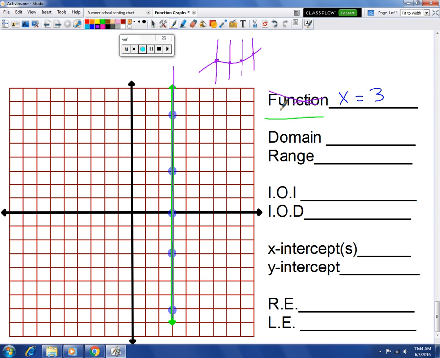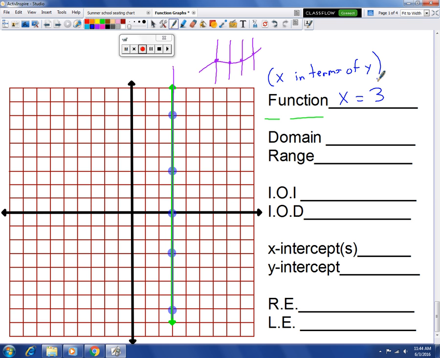When we talk about functions, almost all the time, it's a function of y in terms of x. That's what we do almost all the time. This one, if you want to call it a function, is x in terms of y.